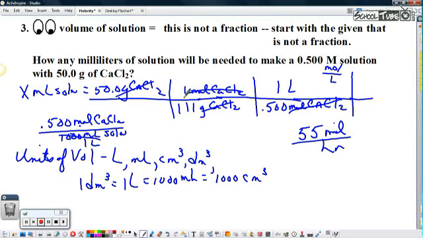So I have to add that extra step that I was trying to skip a minute ago, 1,000 milliliters. If you understood what I was doing a while ago, you can bypass that last one by putting 1,000 milliliters in the place of the liter. So it's the same thing. It's an equality.